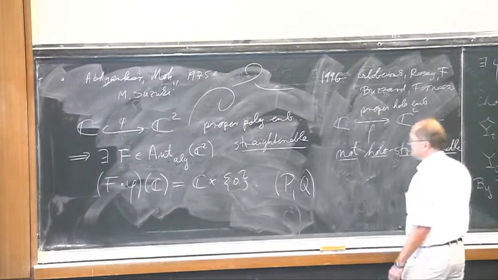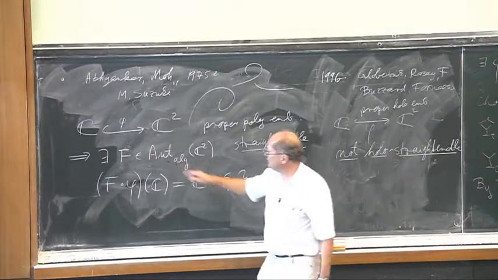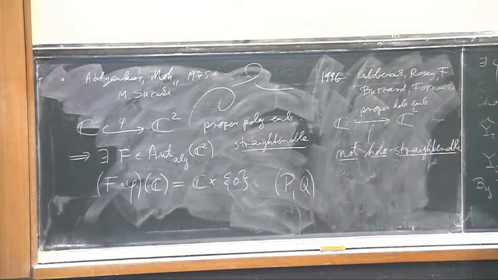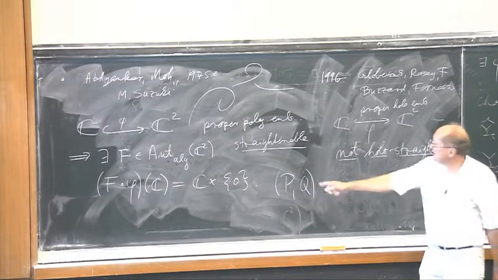So what this means is that you cannot do this by any holomorphic automorphism. There is no automorphism putting this line back to the standard line.